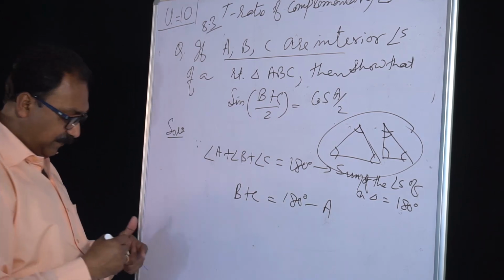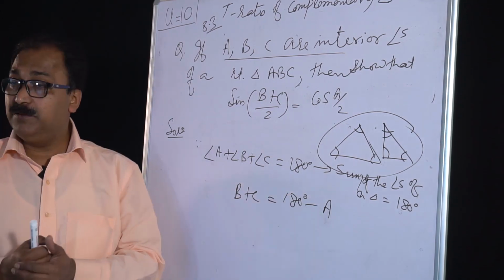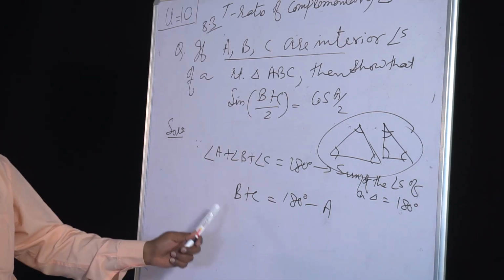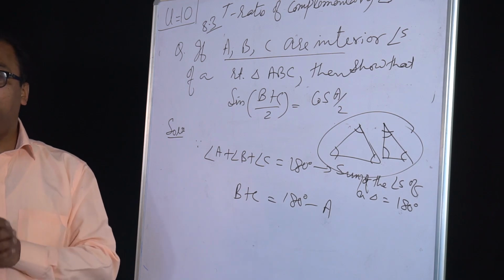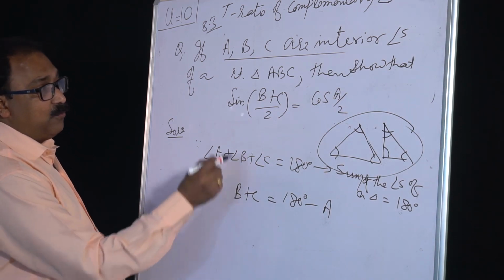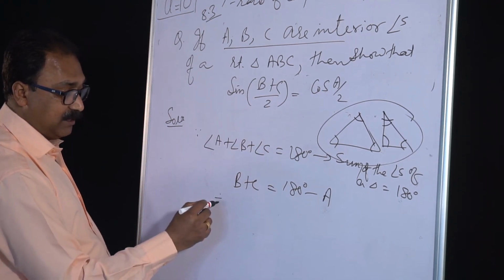This angle A, in the case of trigonometric functions, if you don't give the symbol, it means the angle A. Angles are always written in capital letters, sides in small letters. Now we want B plus C by 2, so we divide by 2 on both sides.